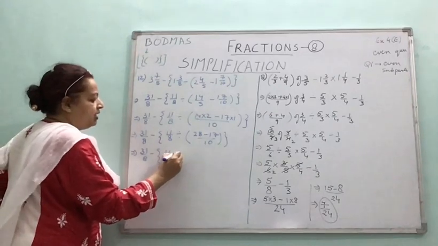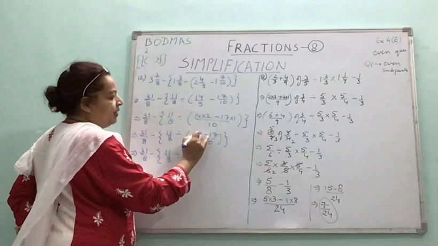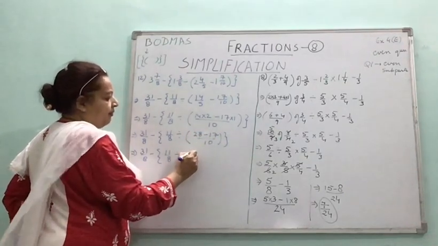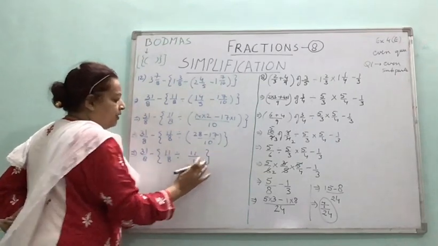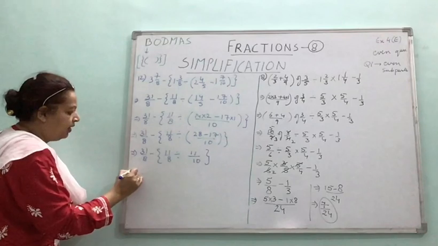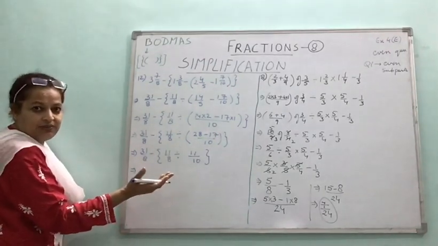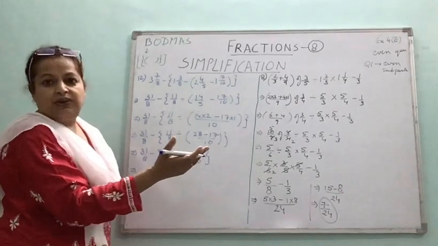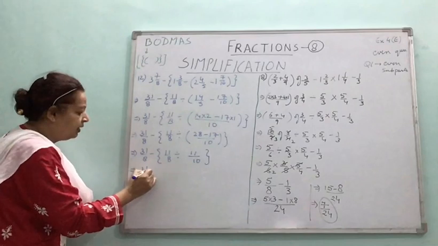11 by 8 divided by, it would be 11 by 10. Now I am opening the bracket. So now we are left with the second bracket, which is braces. Now they are dividing. So for division we don't have to take the LCM, right children?